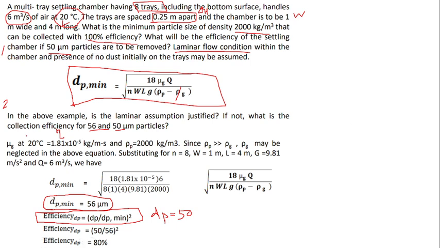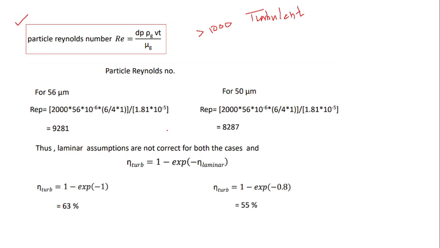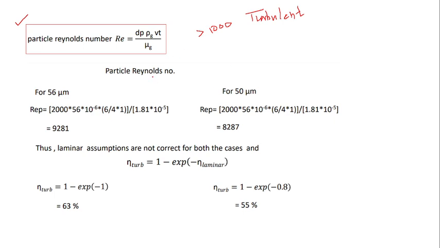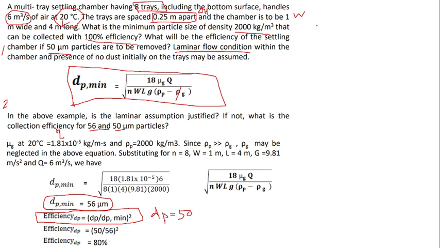Now we are going to calculate the particle Reynolds number using the formula Re is equal to dp into rho g into Vt divided by mu g. To calculate Vt, we don't have enough data, so Vt is calculated with the help of flow rate, length and width.